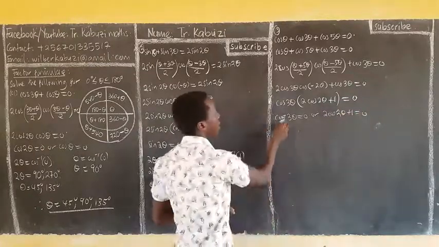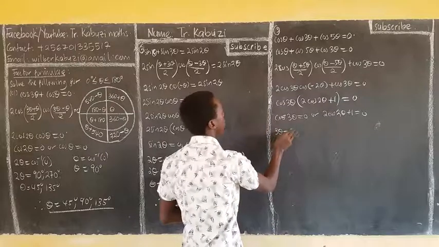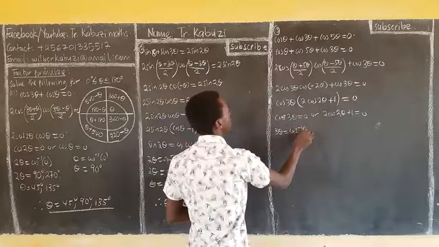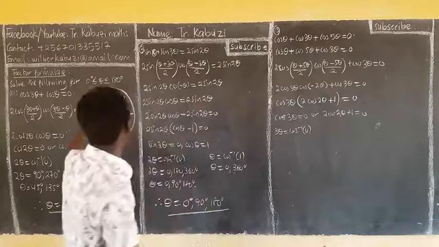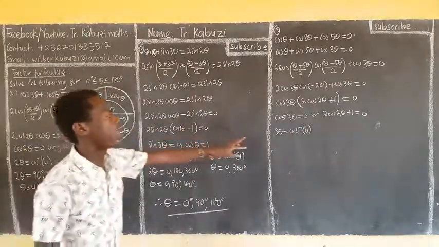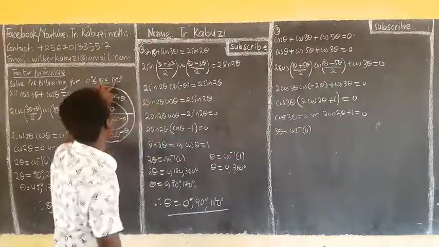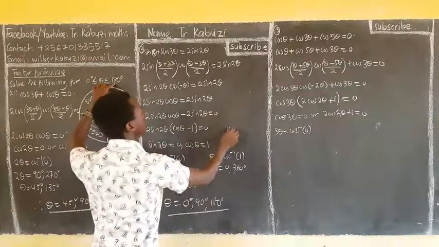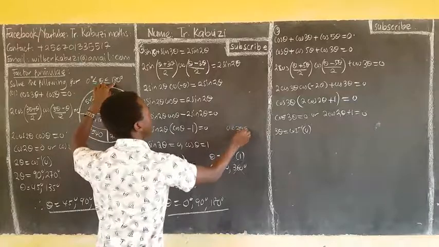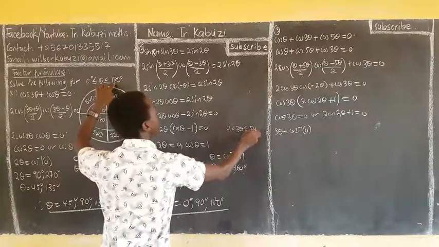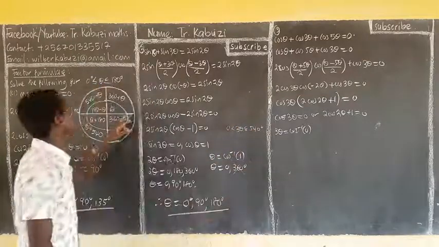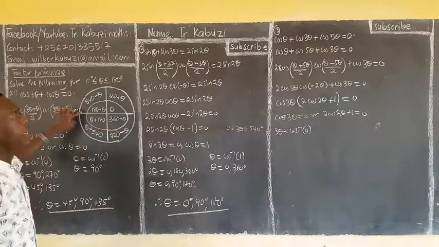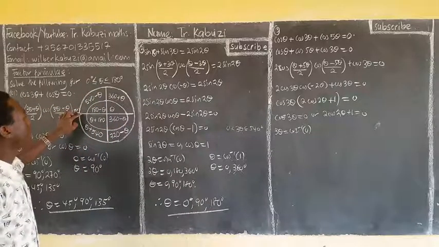From here, my 3 theta will be equal to cos inverse of 0. And now our angle is multiplied by 3, and the range we shall be working with is 0 degrees less than 3 theta less than 540 degrees. And this 540 is falling here.